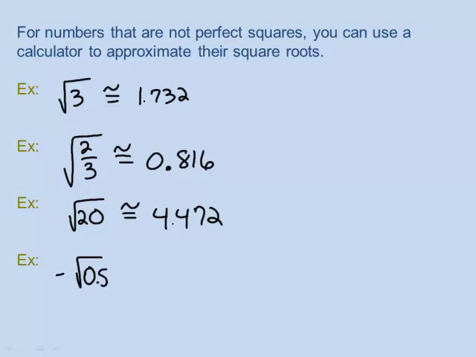Again, 5 is not a perfect square, and therefore 0.5 won't be a perfect square either. So if you put that in your calculator, the square root of 0.5 is approximately 0.707, and then if you take the negative of that, you get negative 0.707.